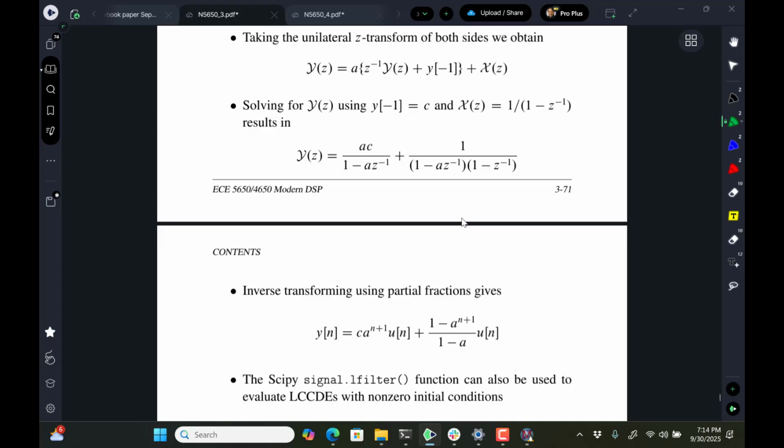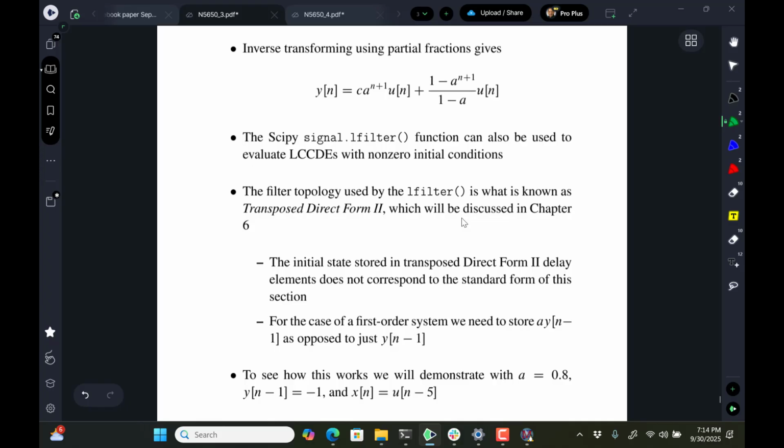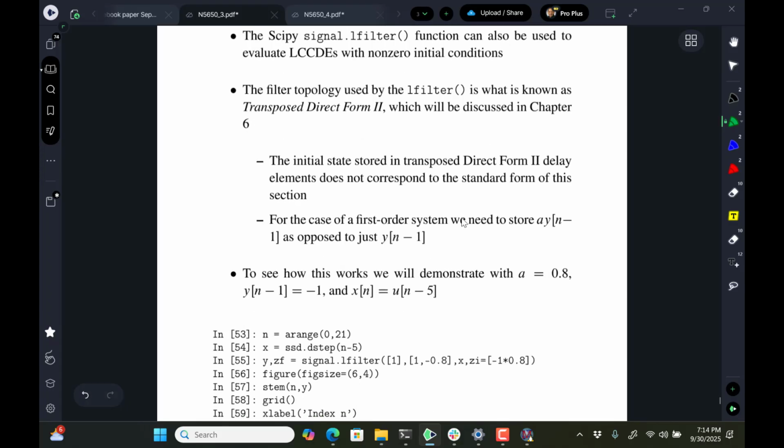And the signal.lfilter function lets you incorporate initial conditions in an optional argument out over here called zero initial conditions. So you can just put it right in there, and it will carry it forward.